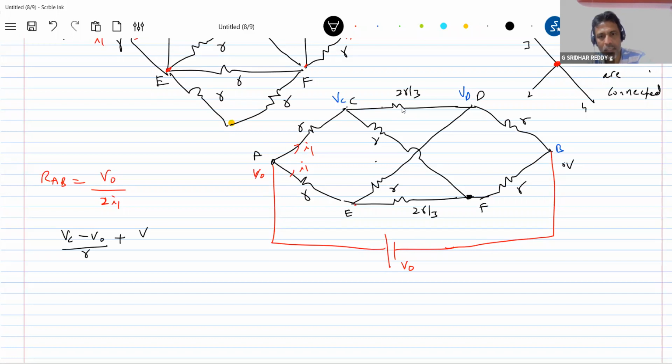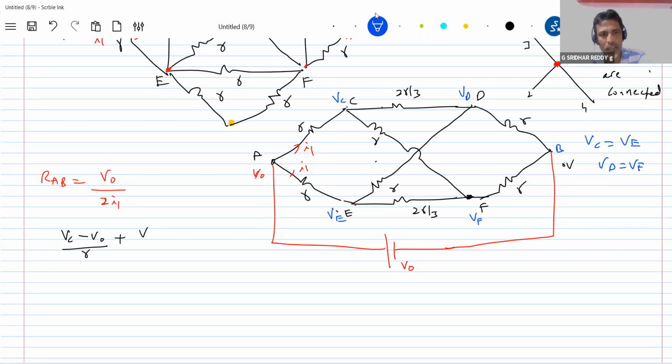Potential of VC equal to VE, no? And potential of VD equal to VF.